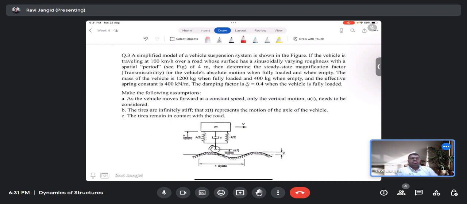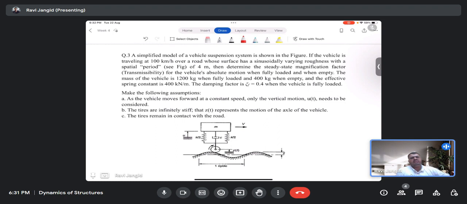Okay. So the effective spring constant is 400 kilonewton per meter. The damping factor for the fully loaded case, zeta f, is 0.4. So we need to find out the transmissibility only.